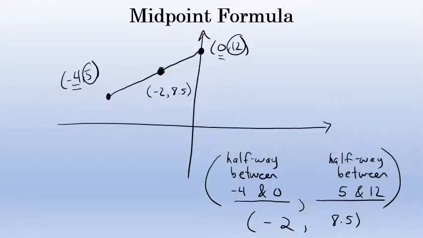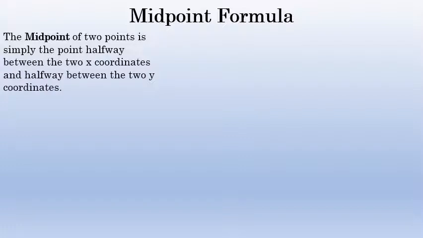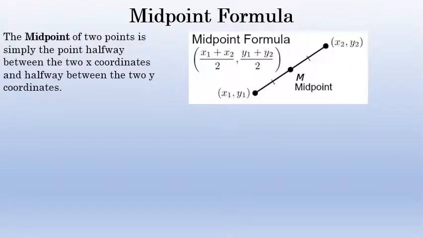Now let's talk about that in precise mathematical terms. The midpoint formula, again, gives a point that is halfway between the two x-coordinates and halfway between the two y-coordinates. The midpoint between (x1, y1) and (x2, y2) is an ordered pair.